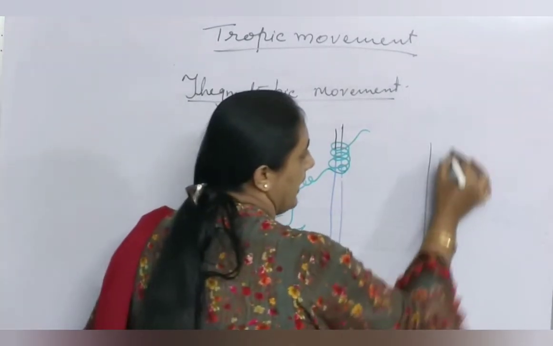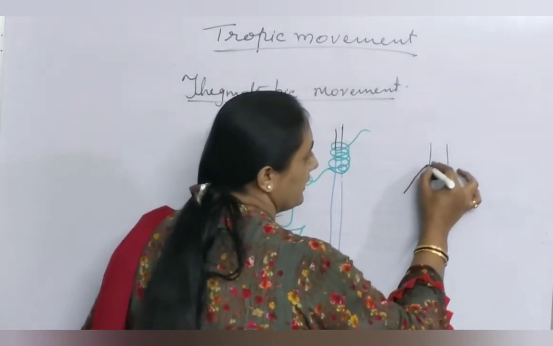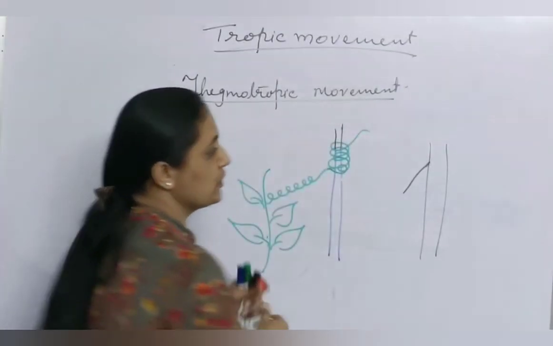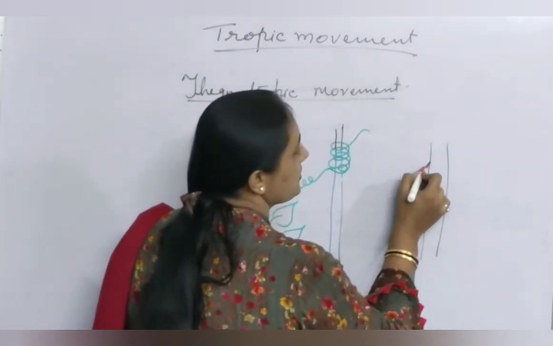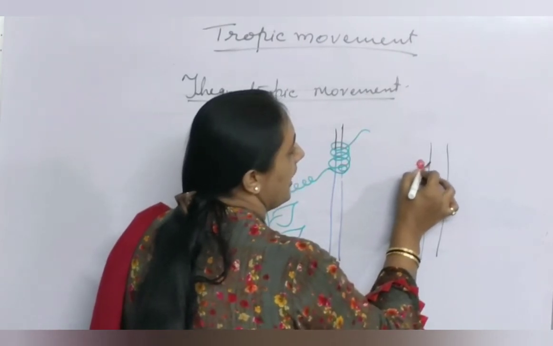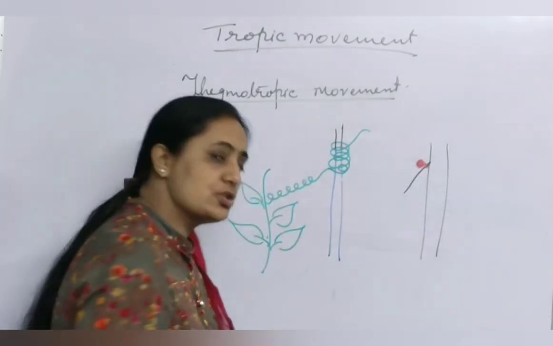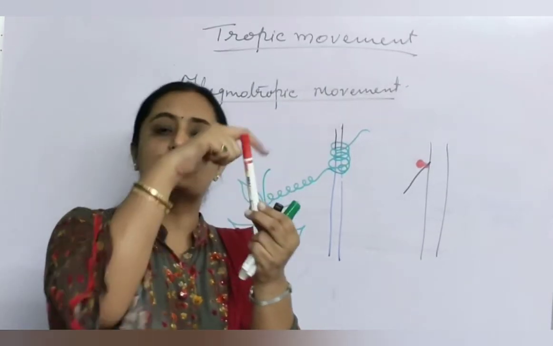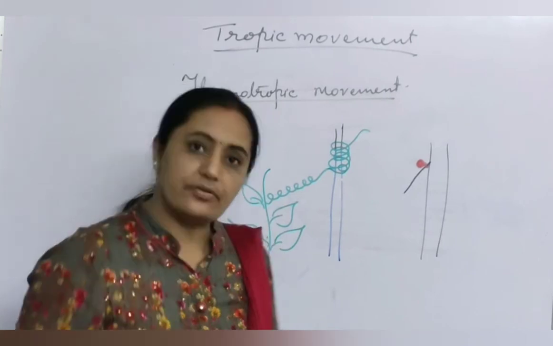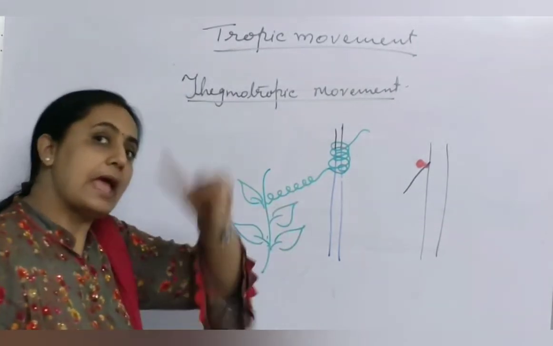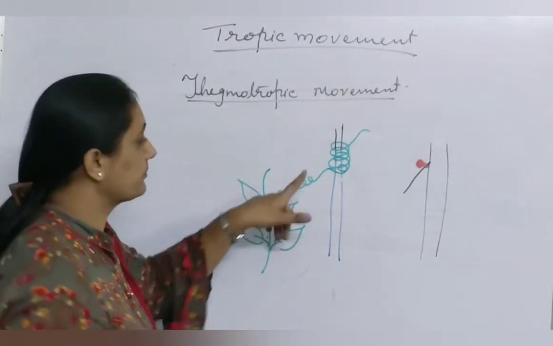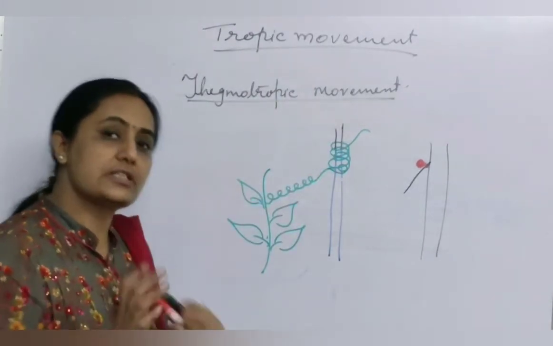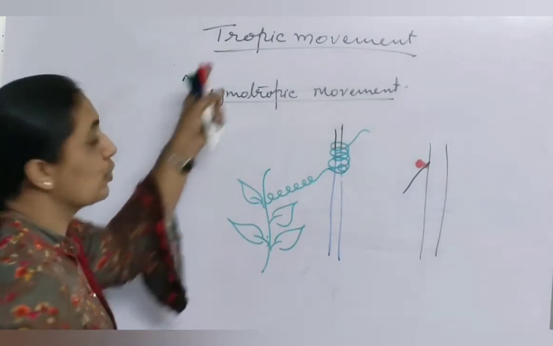These auxins shift in this direction and show growth here. Because of this growth, the stem again comes close to the contact and shows coiling over the contact surface. That is the same as in the light case. So this is called thigmotropic movement, that is, movement towards touch or contact shown by a plant.